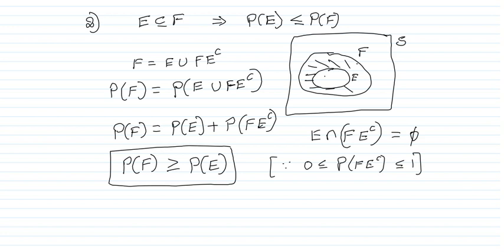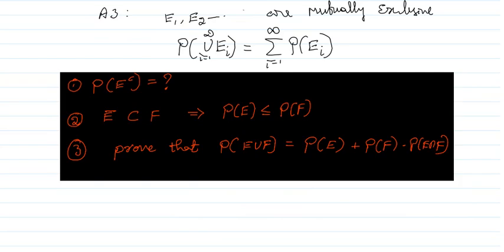E is contained in F. I have written this subset as well as the equal to symbol here. That may be a subset or it may be equal to F. Then I need to make a small change here.